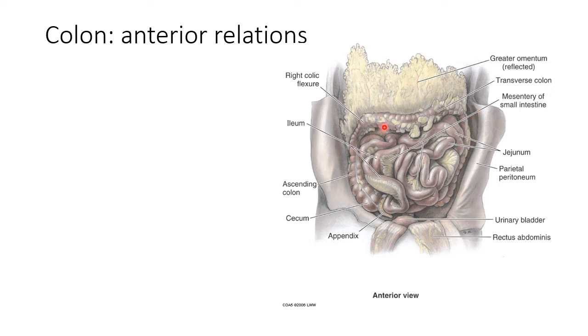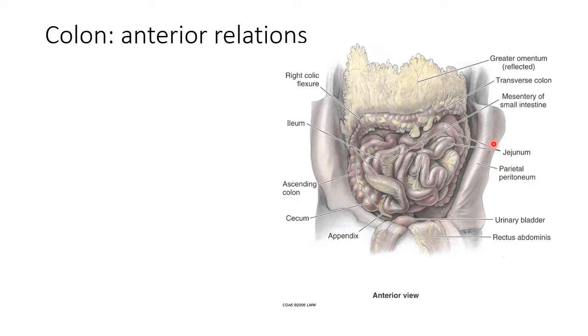You don't see in this image what is anterior to the transverse colon, but mostly the anterior relations are the greater omentum. Now it's reflected. When it turns back, it will be anterior to the ascending colon and the descending colon. And you can also put the loops of the small intestine. Usually they are anterior to the ascending and descending colon and the cecum.